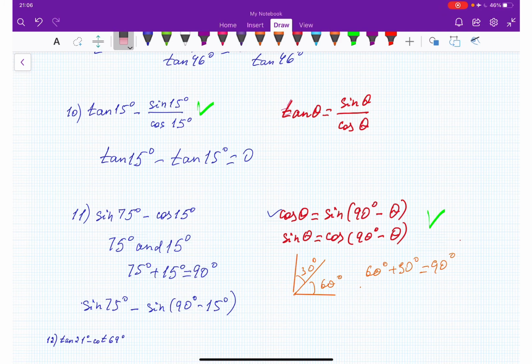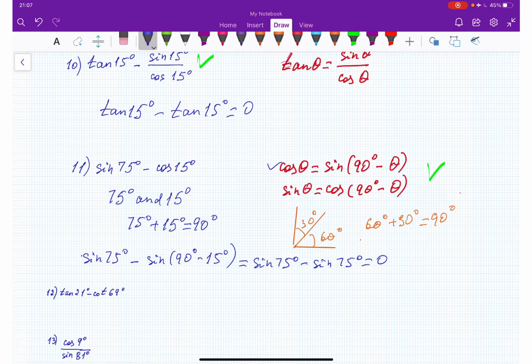And this is going to be equal to sine 75 degrees minus sine 75 degrees, and we are getting 0. And that is the case.